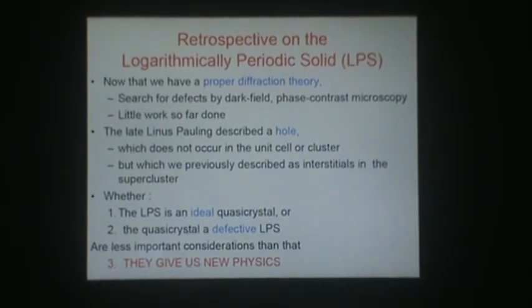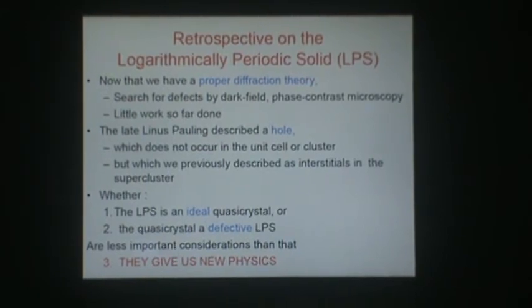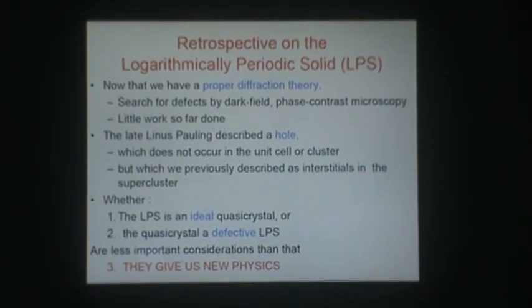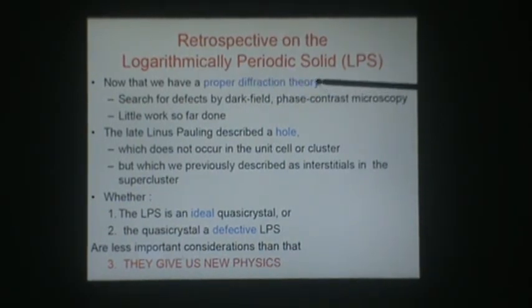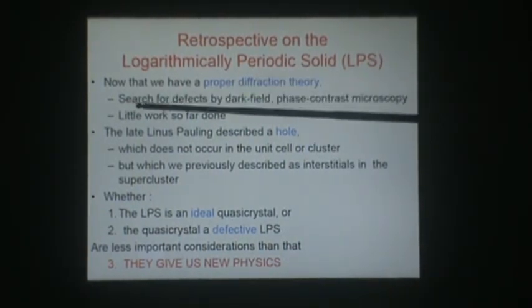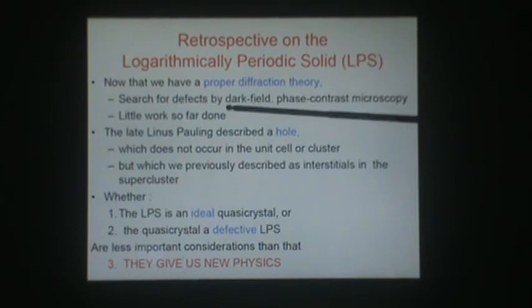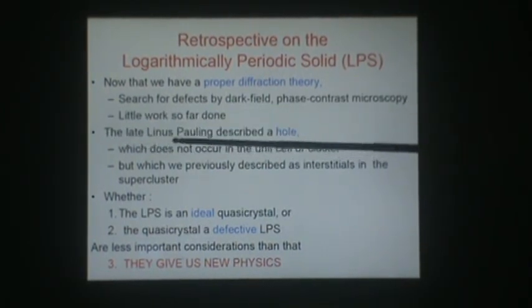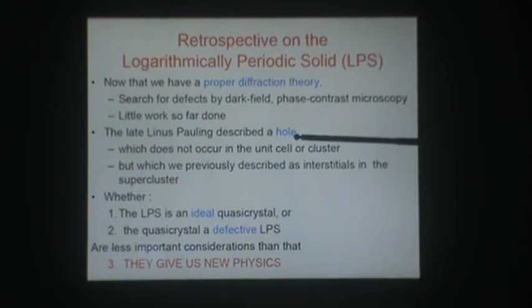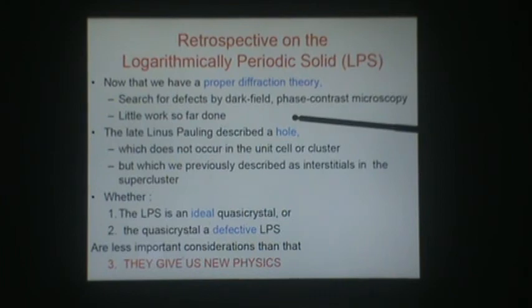However, I would like to add one retrospective for the purpose of this video presentation about the logarithmically periodic solid. Now that we have a proper diffraction theory, there's a great need to search for defects by dark field phase contrast microscopy. Little work has so far been done for obvious reasons. For example, the late Linus Pauling described a hole in the icosahedral structure.